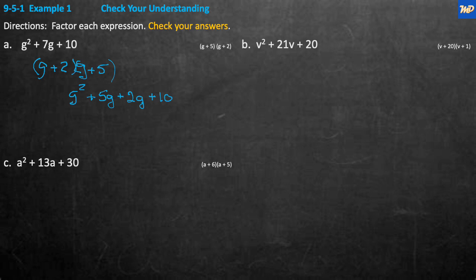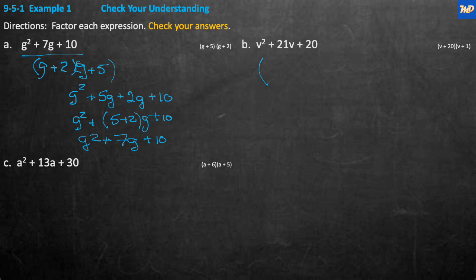The two inner terms, we have g squared plus 5 plus 2, g plus 10. And finally, we have g squared plus, 2 and 5 is 7, g plus 10. And does that equal what we started with? Yes, it does.